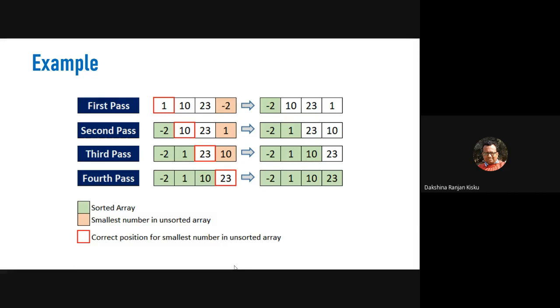So after the fourth pass, we have the fourth smallest element in the proper position. Since this is the last element, after the fourth pass we find the array is sorted.